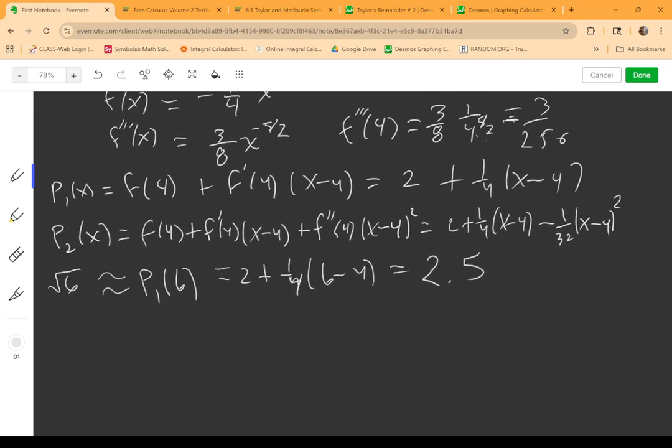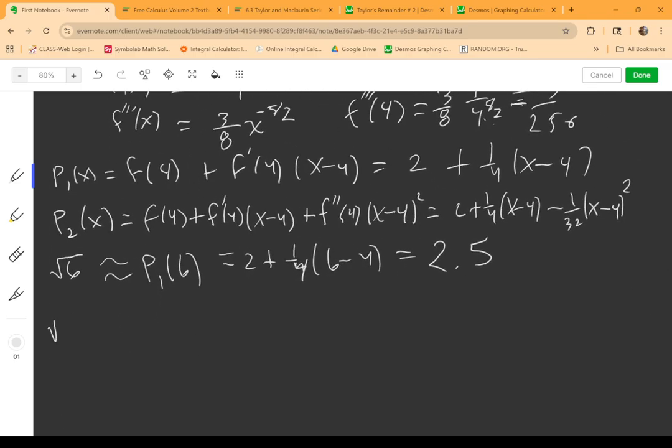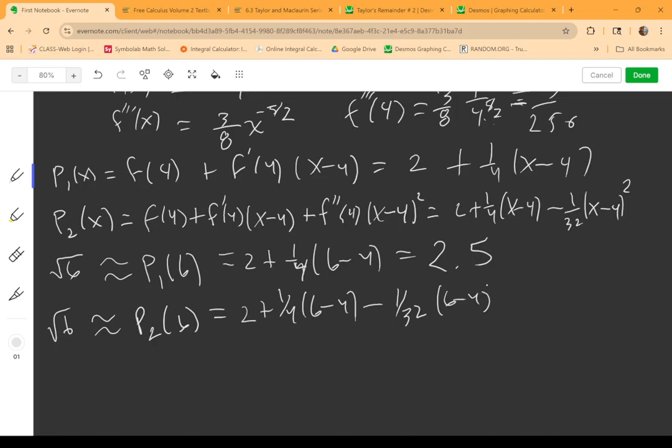Now our second approximation, root 6 approximately P2 of 6. So that's 2 plus 1/4 times 6 minus 4, minus 1/32 times 6 minus 4 squared, which is equal to 2.375.